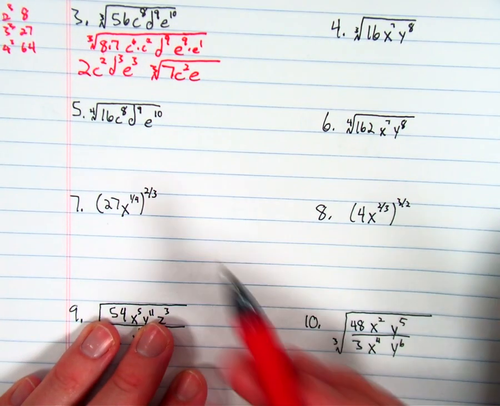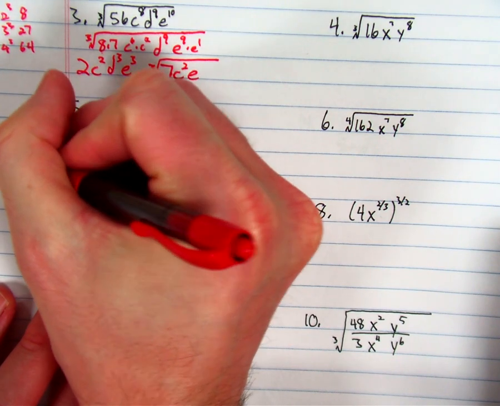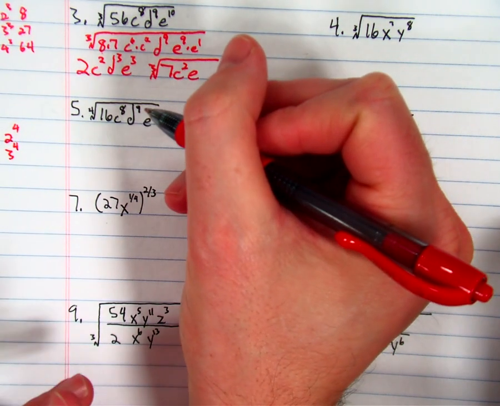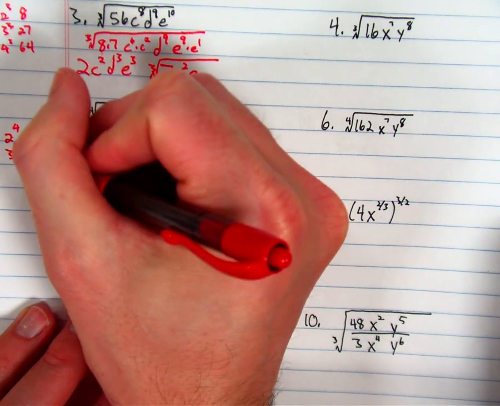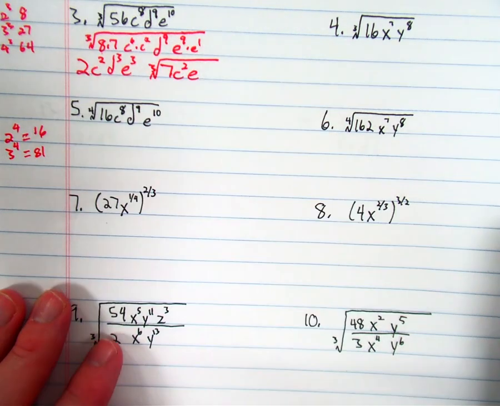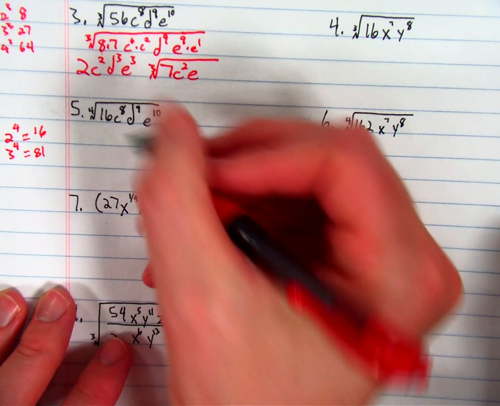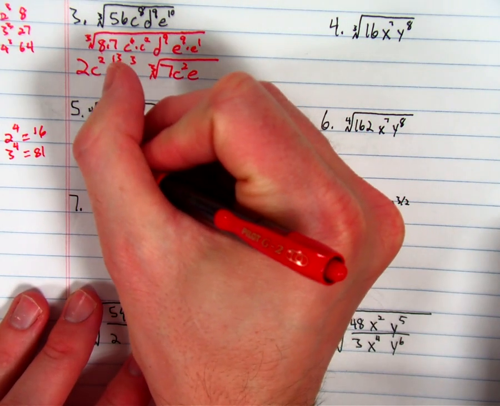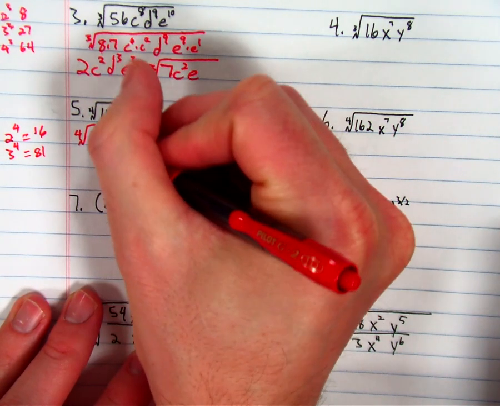Onward. 4th root. Oh man. Let's see, 2 to the 4th: 2, 4, 8, 16. 3 to the 4th: 3, 9, 27, 81. So probably going to be using 16. Bingo. 16 is good to go.